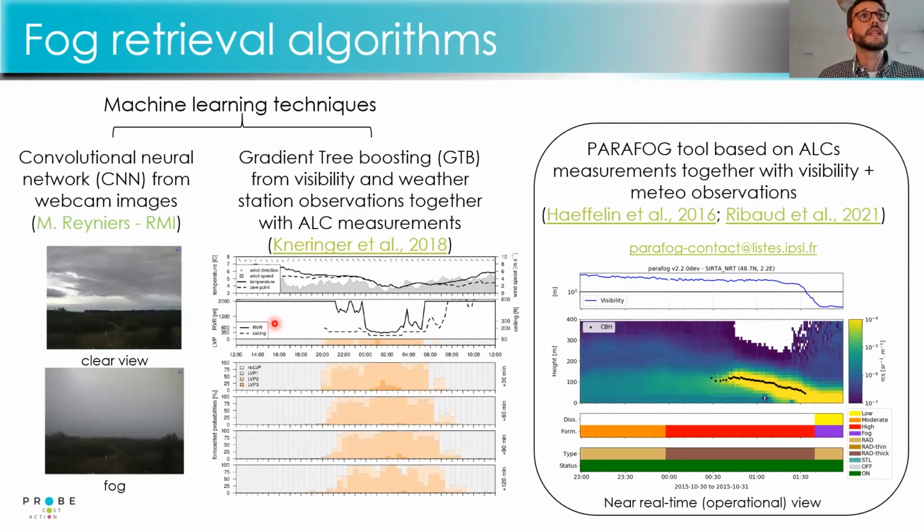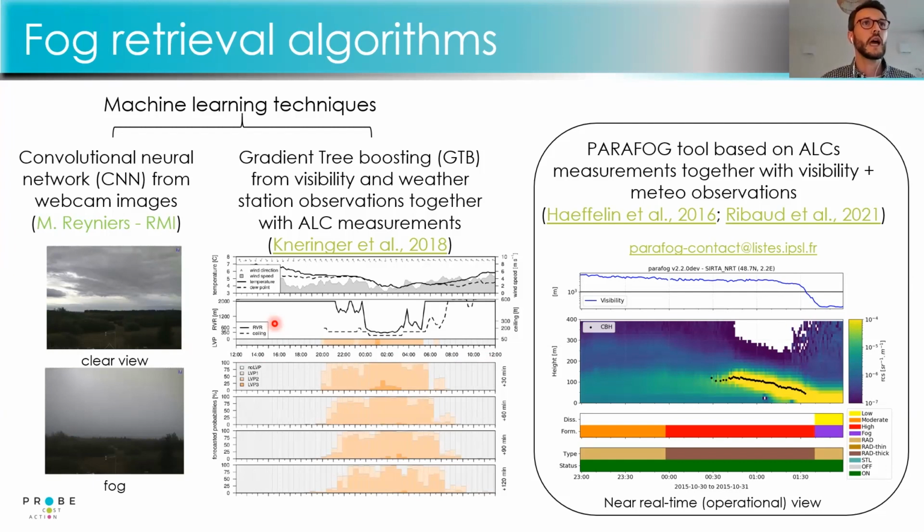So here I've listed 3 different fog retrieval algorithms. The first two, on the left and the middle, are based on machine learning techniques. The first one on the left is not a prediction, it is a classification problem. Let's say you don't have any instrument, but you have webcam images at an airport or on a highway, and you would like to make a classification to know if you have a clear view or a foggy situation.